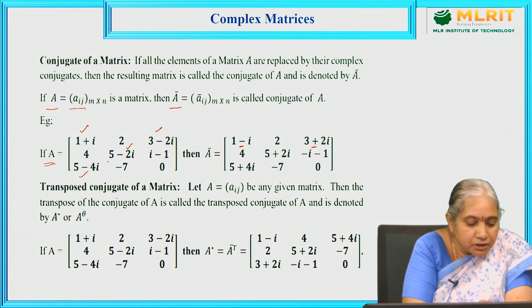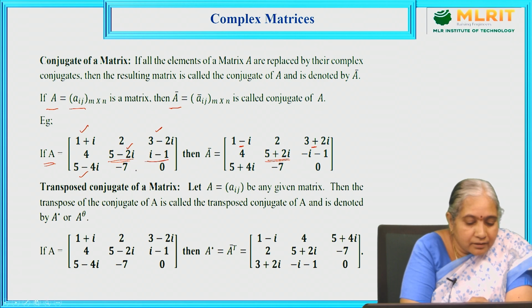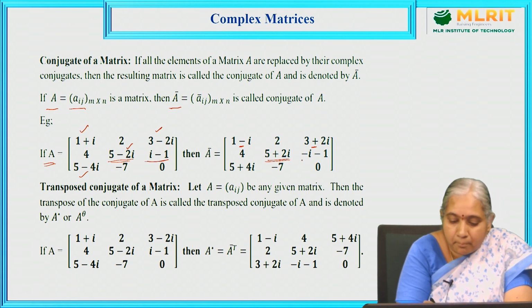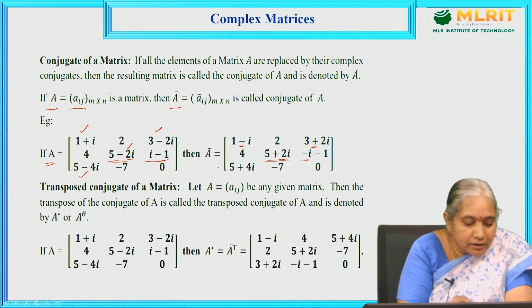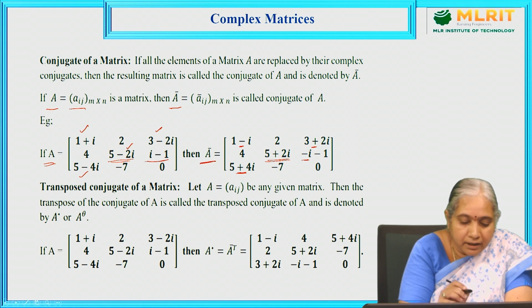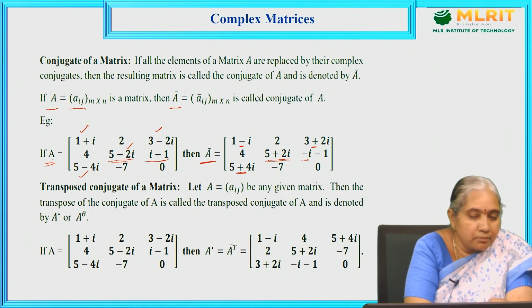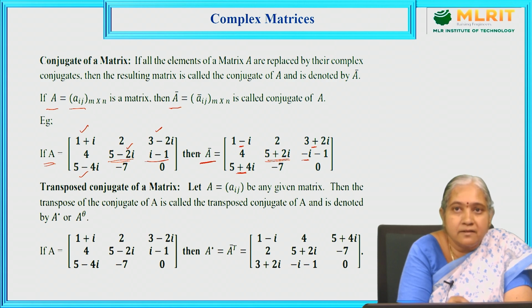Similarly, 5 minus 2i is a complex number, and its conjugate is 5 plus 2i. I minus 1: the conjugate of this element is minus I minus 1. 5 minus 4i: the conjugate of this element is 5 plus 4i. So that's why this matrix A bar is the conjugate of the given matrix A. A bar means the conjugate of the given matrix A.